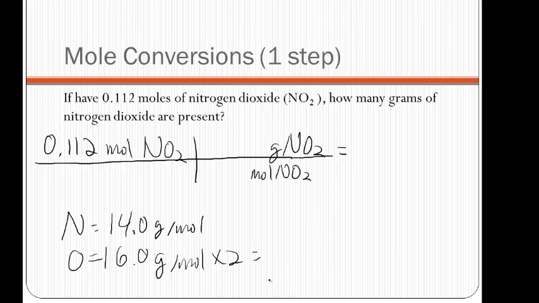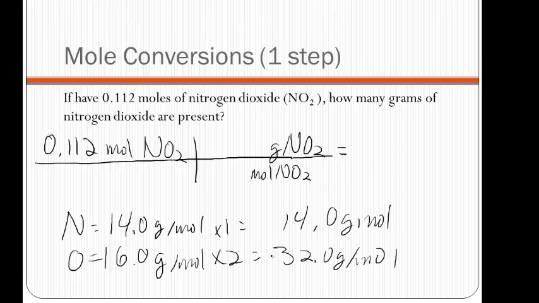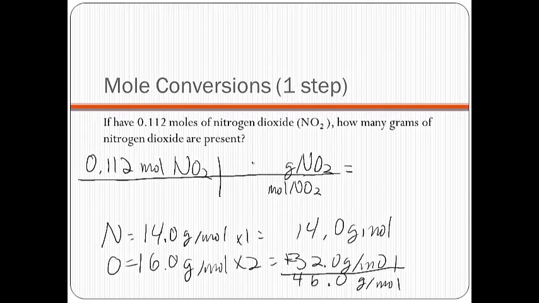Alright, multiply that by 2, so when you do that, you get 32.0 grams per mole. You can multiply this by 1 if you want to. I'm just going to do that so we have them over top of each other. And then we are going to add these up. So when we add these up, we get 46.0 grams per mole.